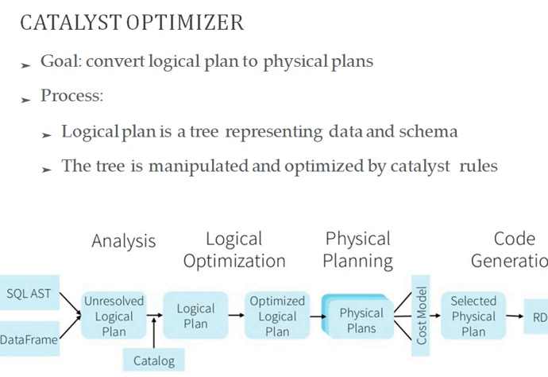So this is a flow chart which shows the process. At the beginning we analyze the query and the data frame. The data frame contains data, and we make a query on the data frame to extract information.